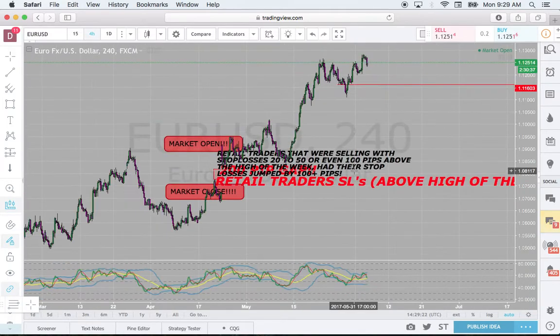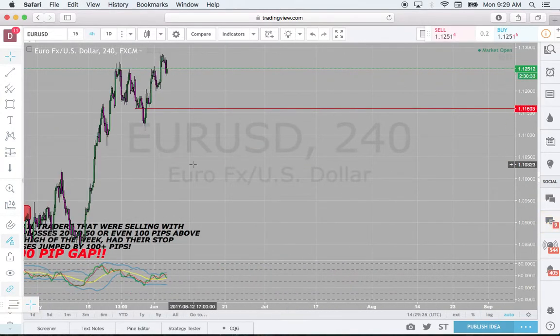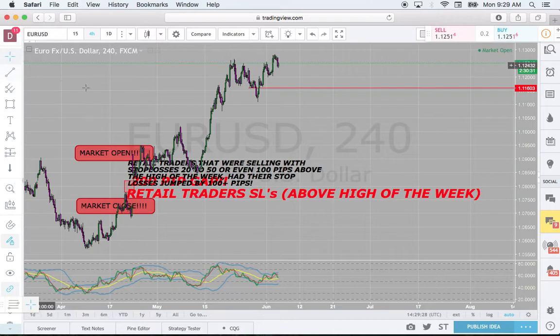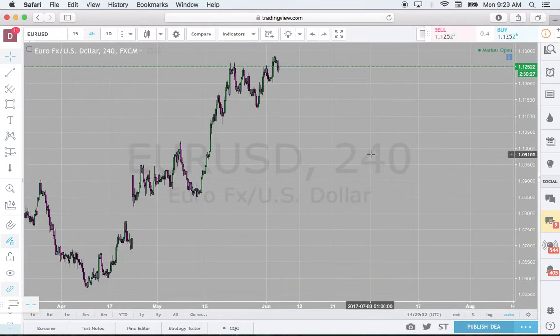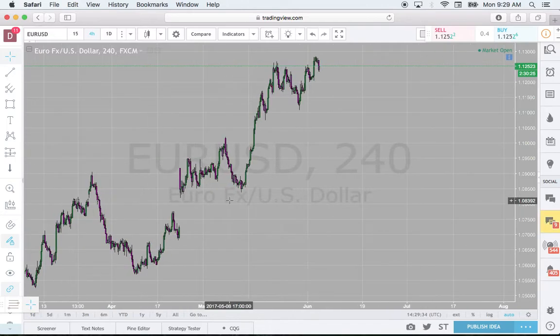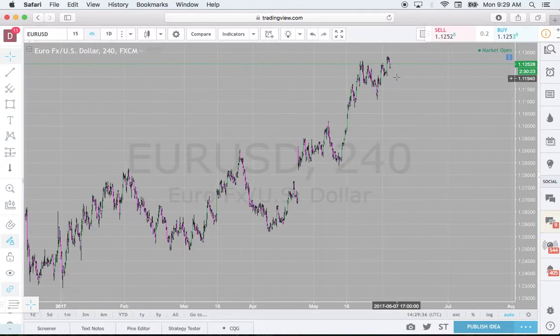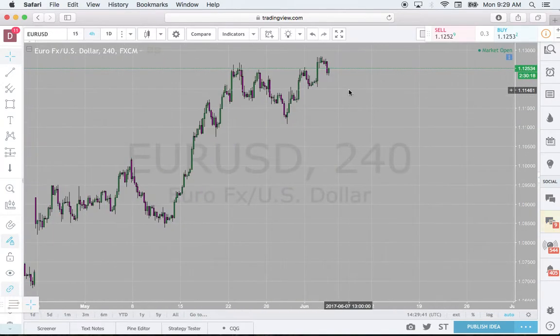The 4-hour I like because you can see the trend a little bit better. And when I'm trading the 15-minute chart, I'm not just going for 10, 12, 15, 20 pips.